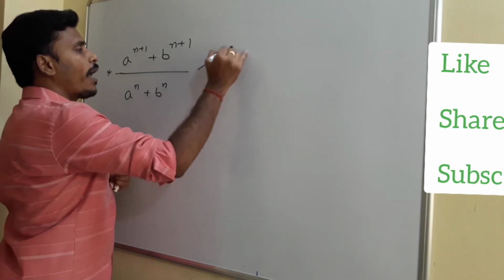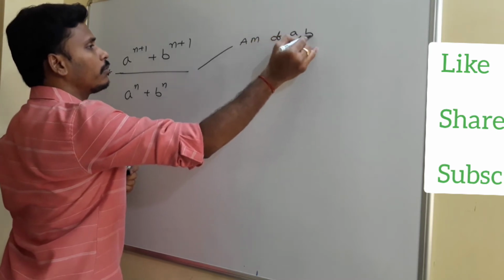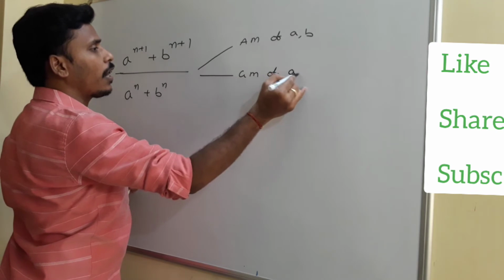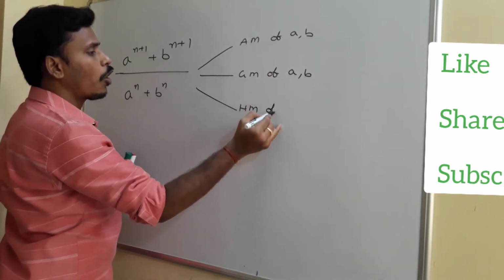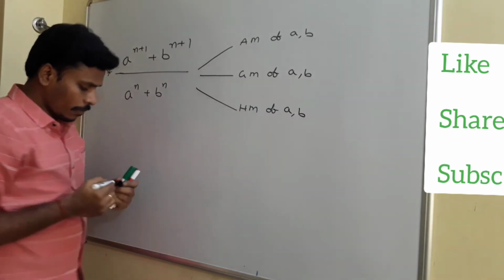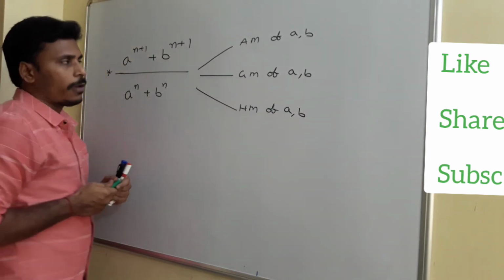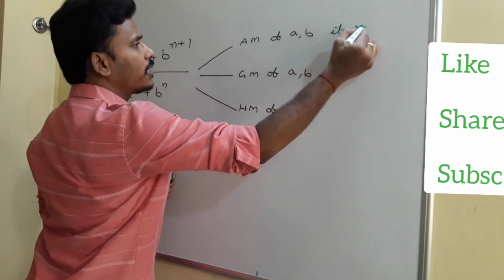Whenever it becomes the arithmetic mean of A comma B, the geometric mean of A comma B, or the harmonic mean of A comma B, you need to find out the values of n. It becomes the arithmetic mean of A comma B if n is equal to what?